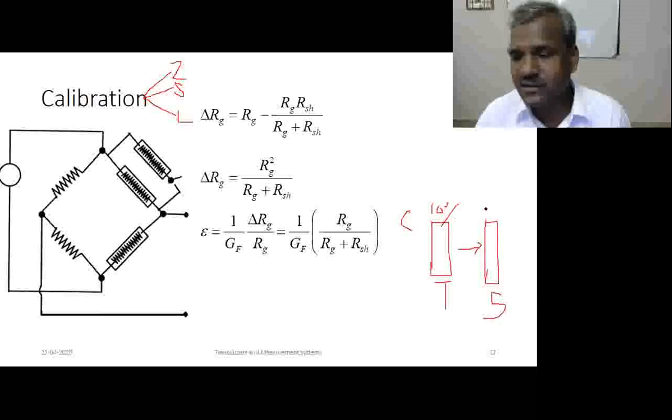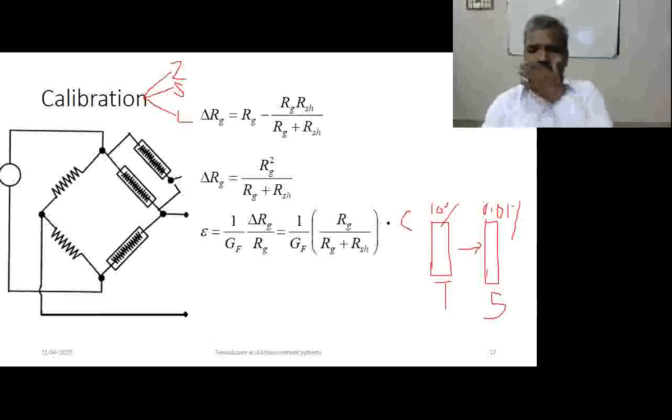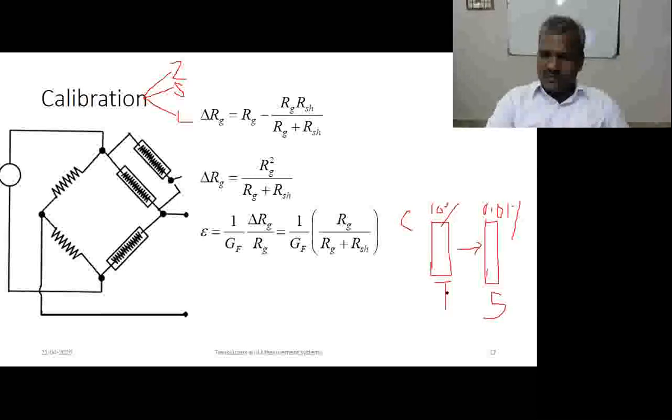So the standard instrument accuracy should be at least 0.01%. So we have to compare the test instrument or transducer or any device with the standard. To compare with the standard, we require these 3 stages.